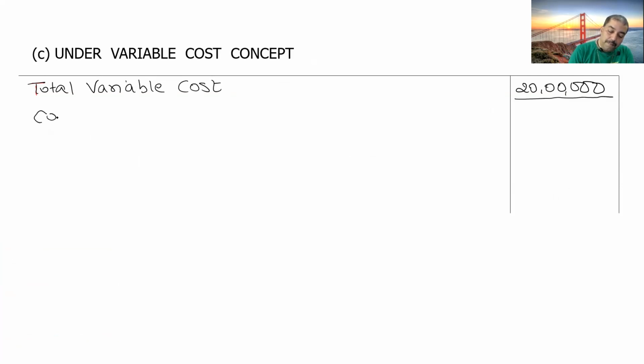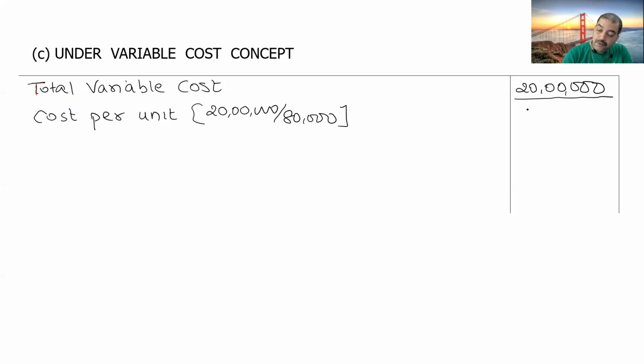Cost per unit: 20 lakhs divided by 80,000, 25 rupees.